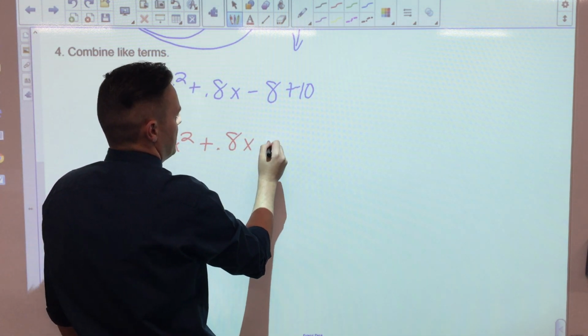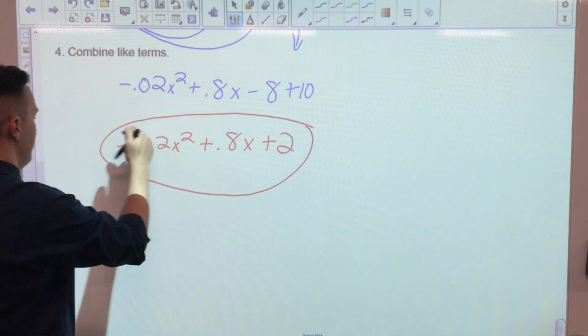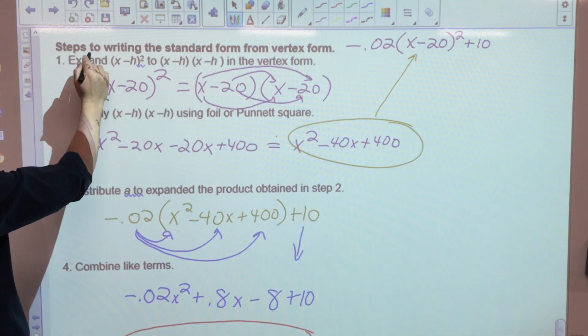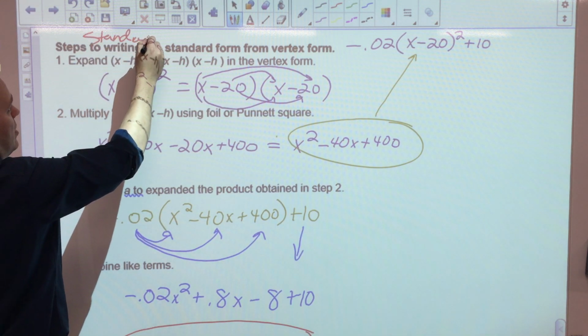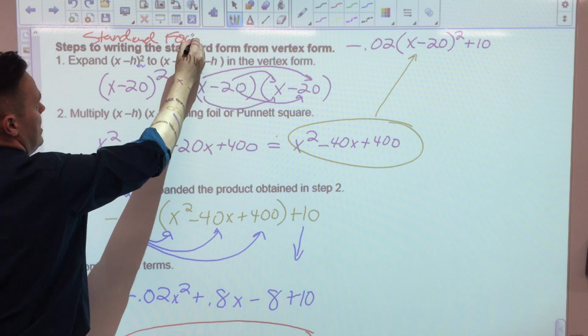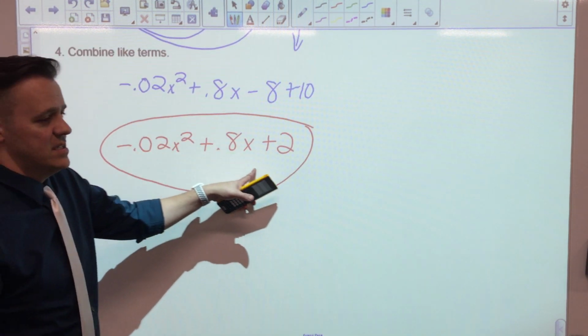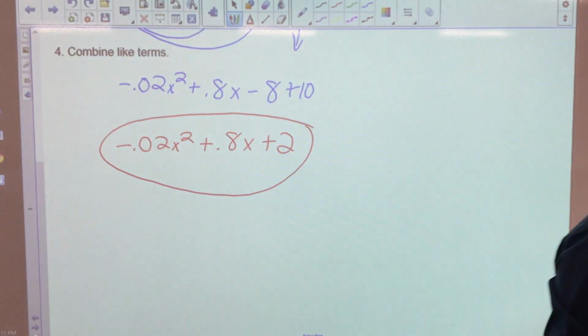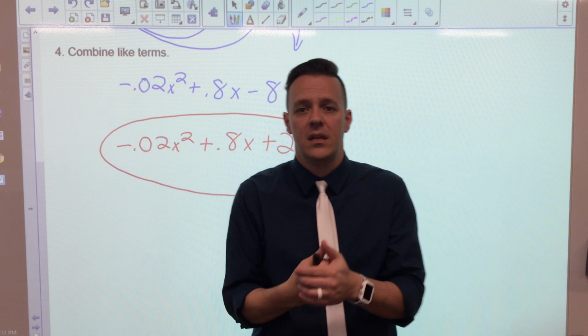Plus 0.8x plus 2. Ladies and gentlemen, above this, right here, it should say standard form. Where it says standard form, it has a line. That is my standard form. The issue is, if you graph this, they should be on the same line.